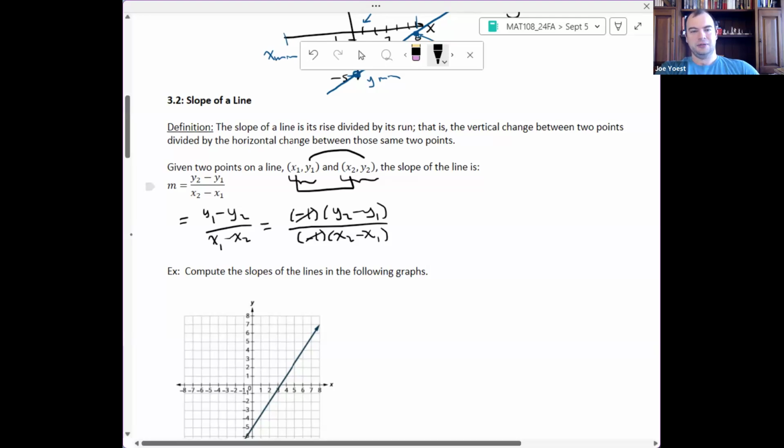If I did say y2 minus y1 over x1 minus x2, that would be wrong. I would end up getting the negative of the result I want. So as long as I'm consistent, it doesn't matter which one I label point 1 or point 2. We're just taking the difference in y values over the difference in x values, staying consistent with which one's first and second.